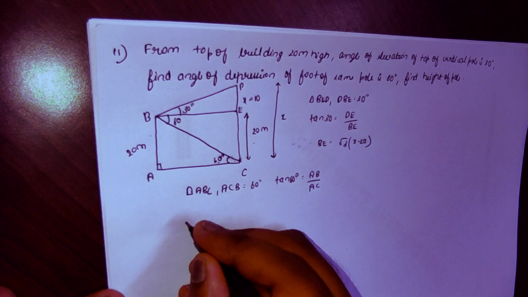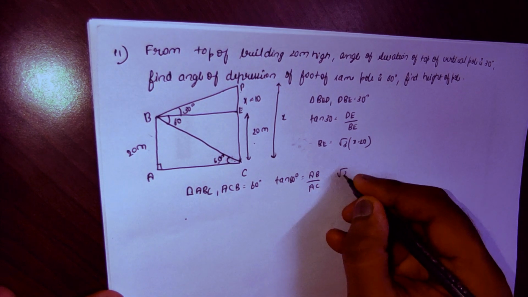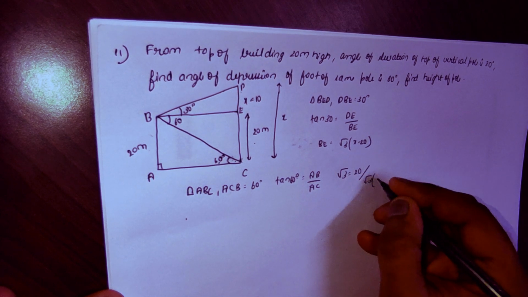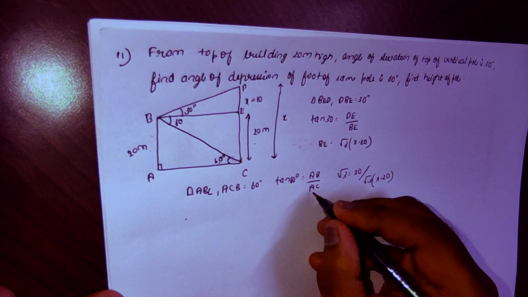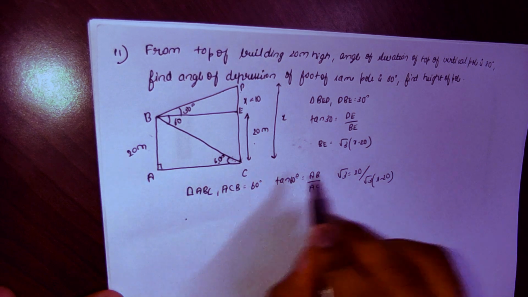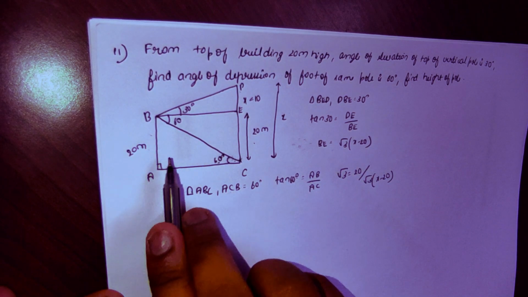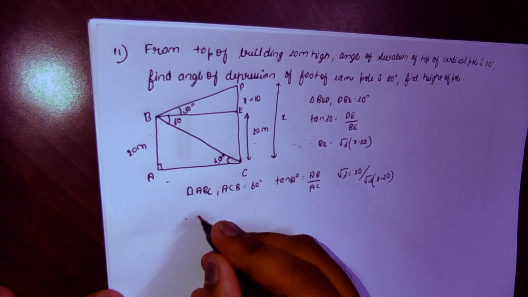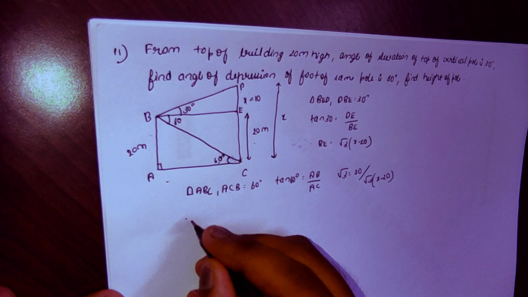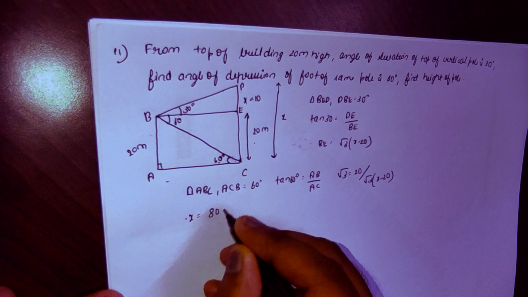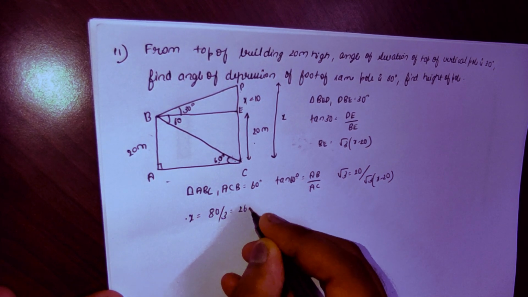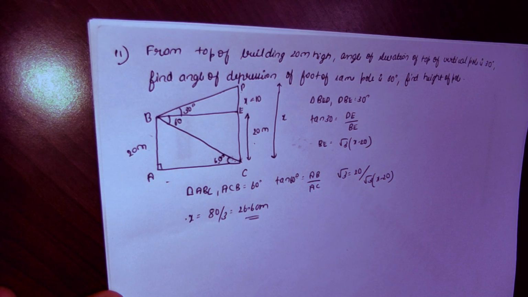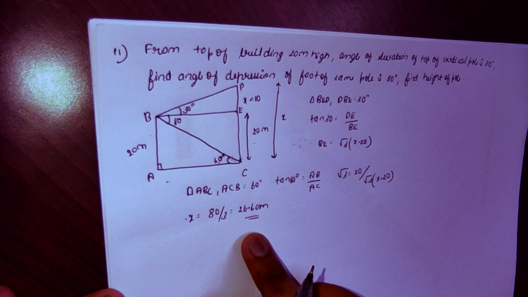We substitute the values. That is root 3 is equal to 20 divided by root 3 into x minus 20. This AC value we have got just now. That is BE is same as AC. So root 3 into x minus 20. When we substitute the values, we will get the answer of x, that is 80 by 3, 26.6. So the height of the pole is 26.6.